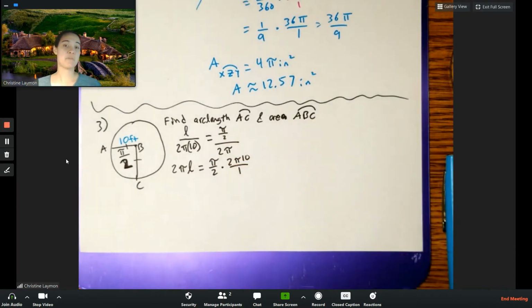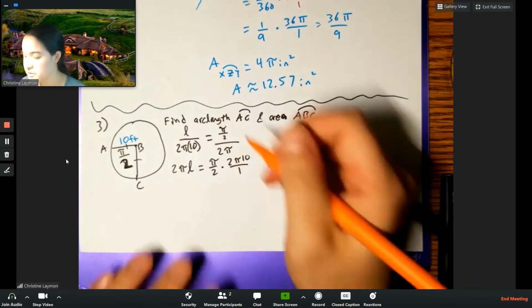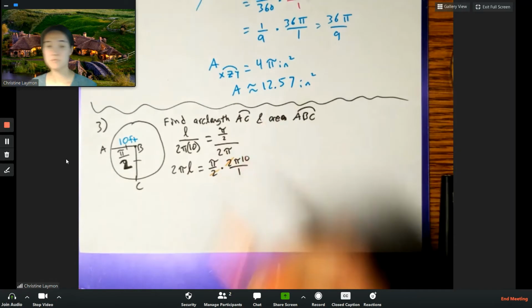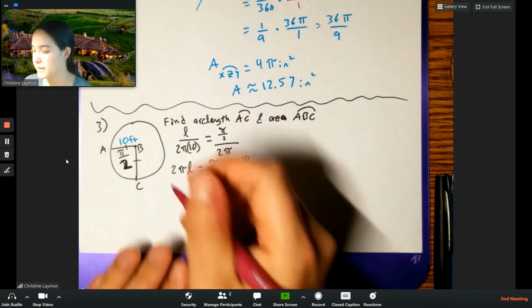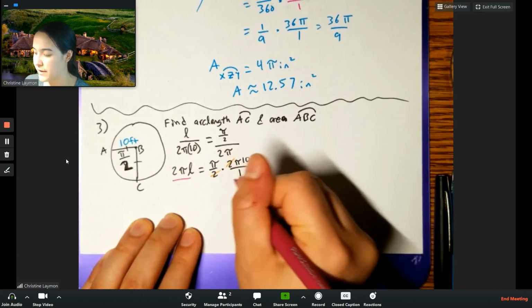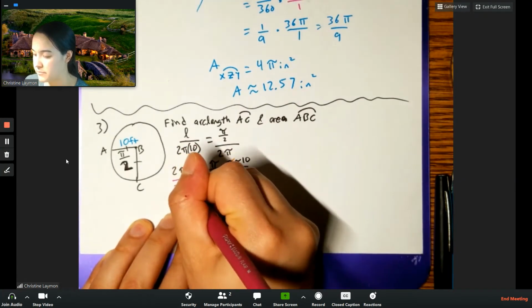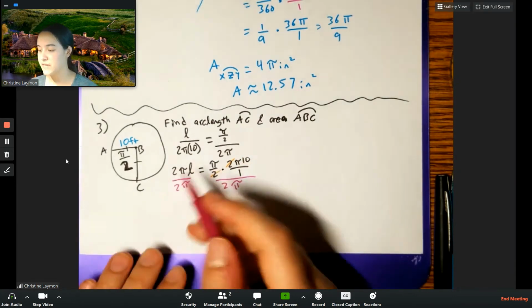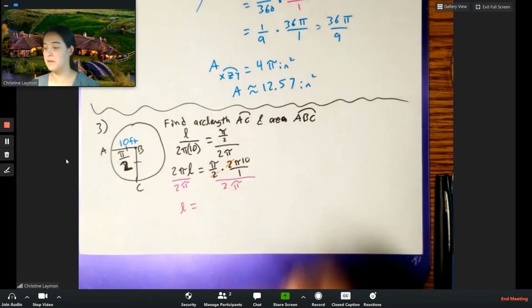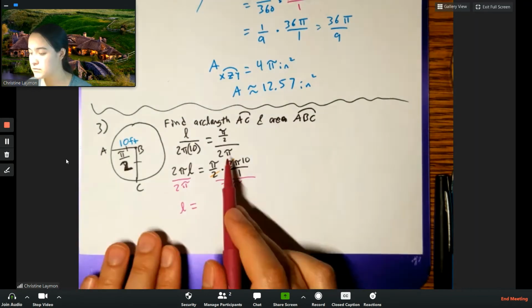Now I did this for a particular reason. As you look at this, you'll notice that these 2's cancel out. And let's say I want to get L by itself. Divide both sides by 2 pi. So on the left-hand side, I have arc length L is equal to, let's see what we have left.